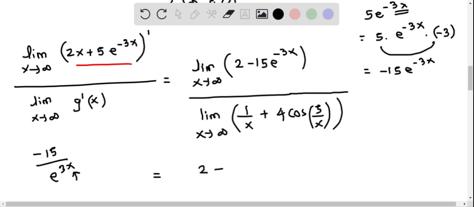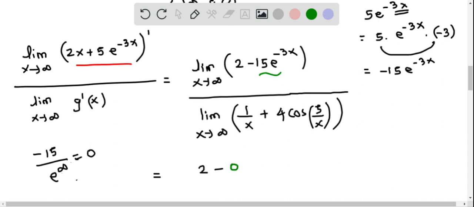So 3 times infinity is infinite, and negative 15 over infinite approaches 0, because e power infinity is infinite, and any number over infinite approaches 0. So overall, when you apply the limit, this approaches 0.